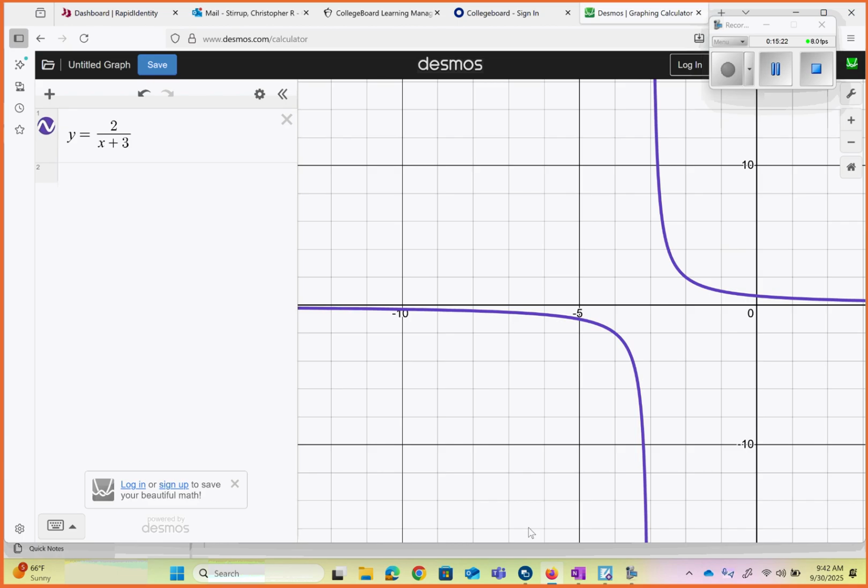As I go to the right this way, the graph isn't going to do any more jumps and leaps and bounds and curves. It's just getting closer and closer to the x-axis. And as I go to the left, it's getting closer and closer to the x-axis. One's coming from the bottom, one's coming from the top, but the limit on that particular one is whatever the x-axis is. The x-axis is in the y direction 0.